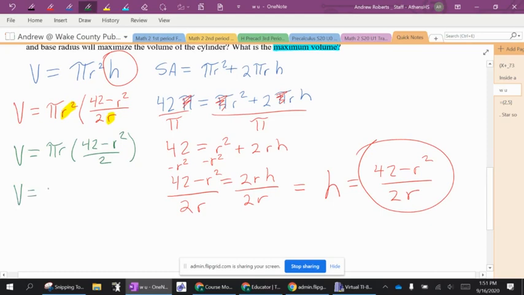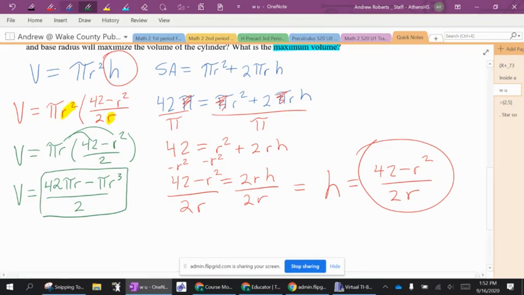So volume equals 42 pi r minus pi r cubed, you've got to bring the pi to both those numbers, not just one, divided by 2. So this is my equation that I'm going to find the maximum of.